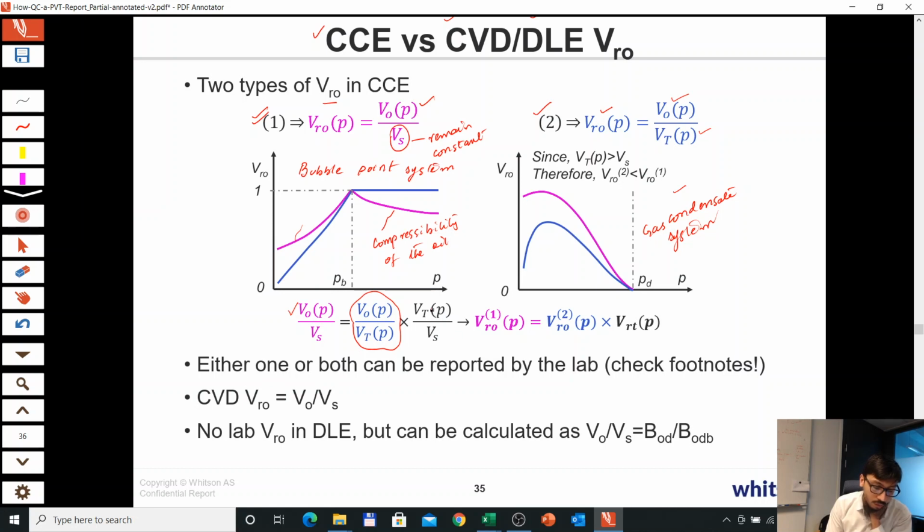And this number is always reported in the CCE experiment. This is the VRT, the total relative volume. Where is this total relative volume in our PVT reports?